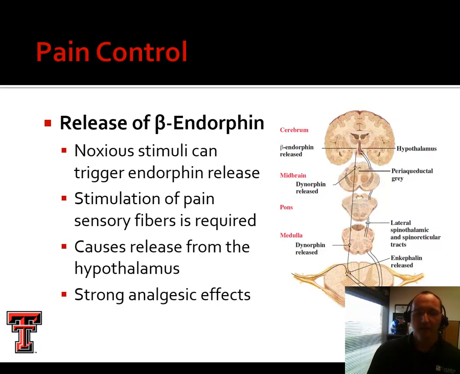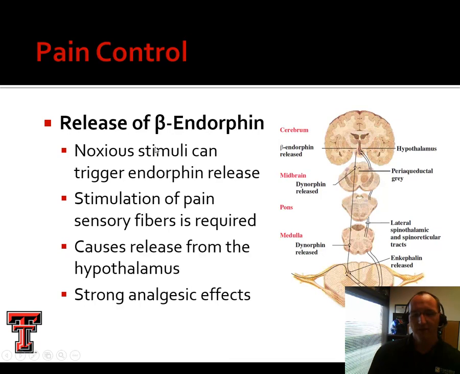Okay. Another thing we look for in terms of pain control is the release of beta endorphin. Okay, so we know that noxious stimuli, pain-causing things, can trigger this endorphin release. And if we get this endorphin release, then the stimulation of pain sensory fibers is required.